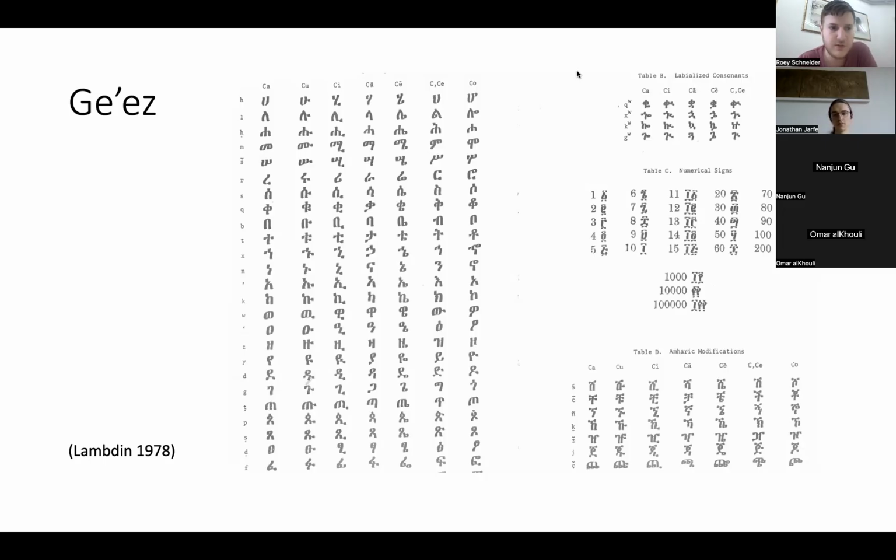There are also labiovelar consonants, or labialized velar consonants. So the k, g, and k have a labiovelar phoneme in addition to the regular one. So this is qua, qui, qua, que, and so on. And there's also one for cha, hua, hui, and so on.